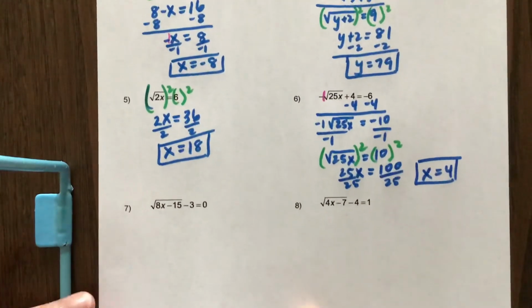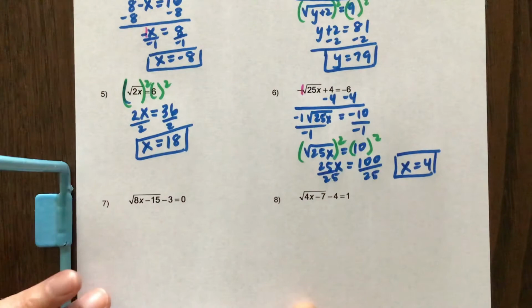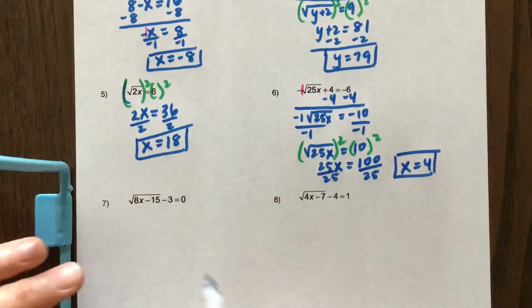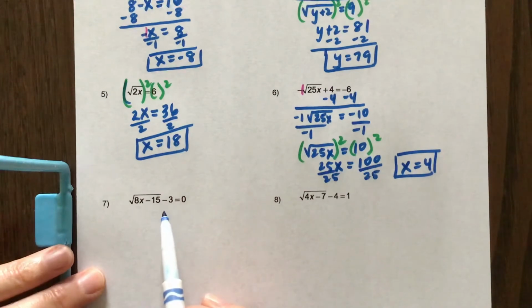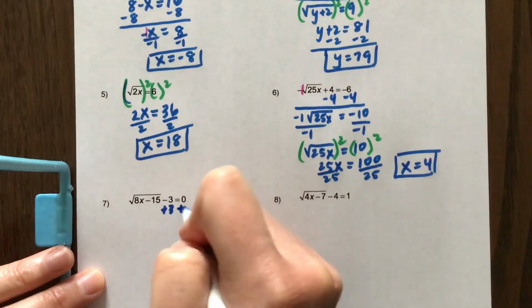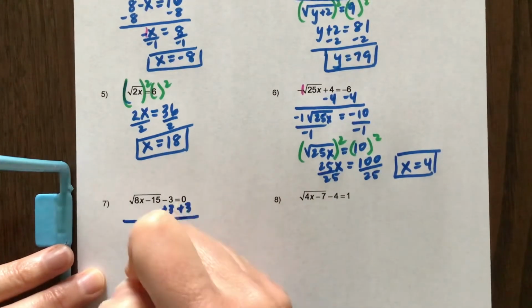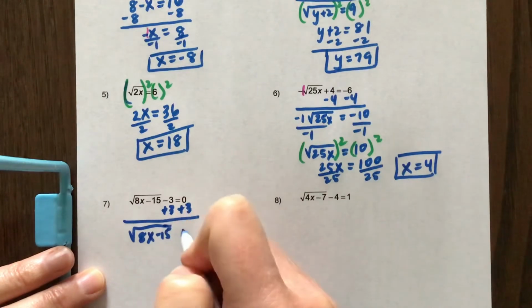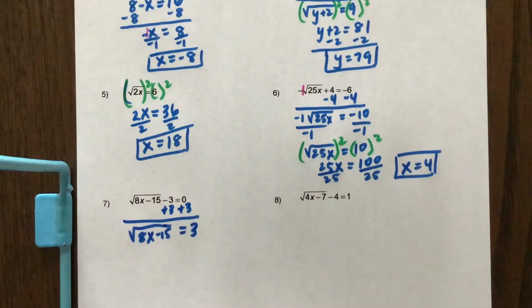Last 2 examples. Hopefully we're starting to get the hang of this. Can see that the square root is not isolated. I do have this -3, so that means we're going to start by adding 3 to both sides. Square root of 8x minus 15 is equal to 3.